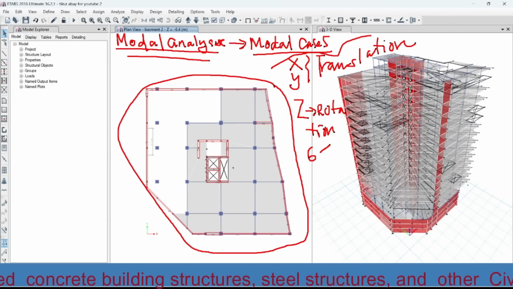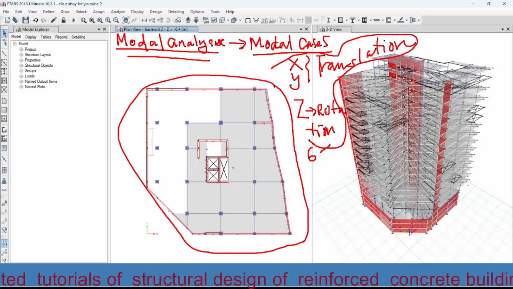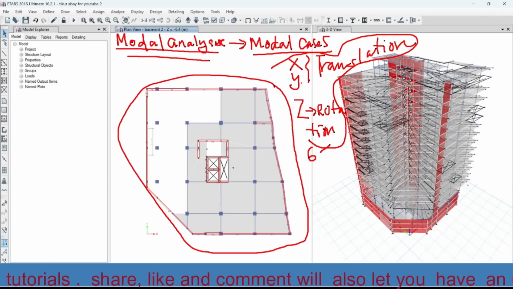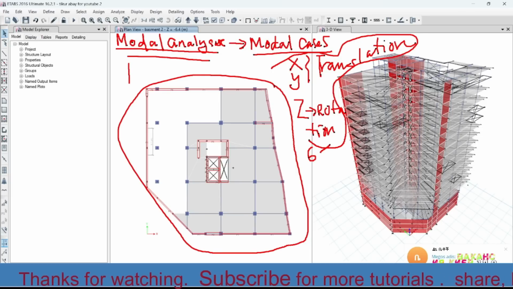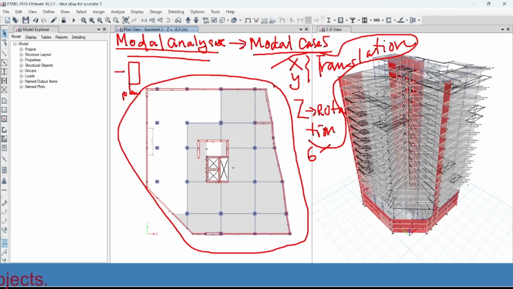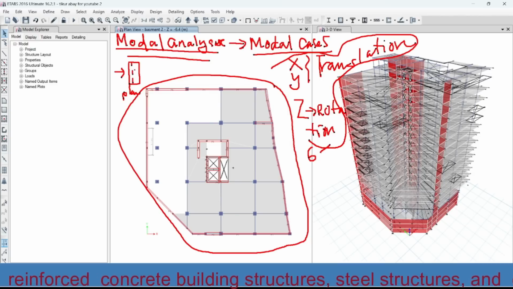But in the case of modal analysis, we will be using 1 rotation along the z-axis and 2 translations along x and y direction. So, for example, suppose this one is a plan view, and if we apply the dynamic load or the lateral load, our structure will move laterally, just like this.